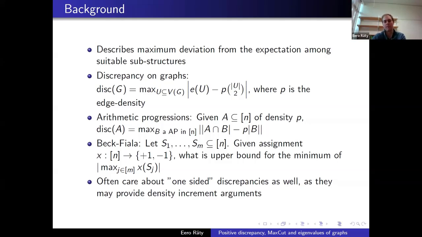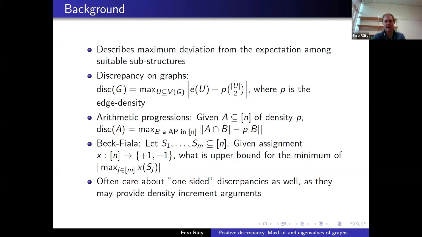One proof of Roth's theorem, for example, that any set of positive density has a 3AP if n is sufficiently large, goes as follows. If you have a set which wouldn't have a 3AP, then the positive discrepancy is actually quite large, and then you could run a density increment argument to get a contradiction.